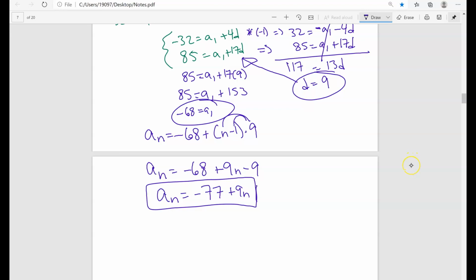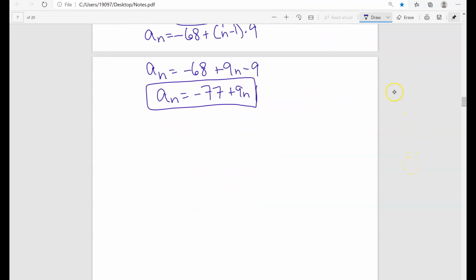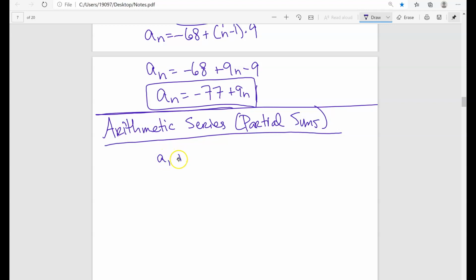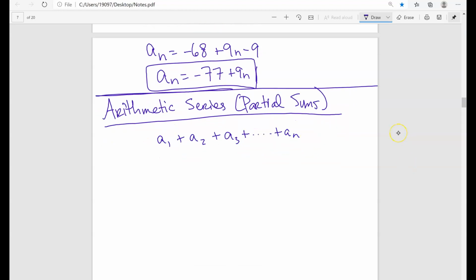Okay, so just how we have sequences, arithmetic sequences, we also have arithmetic sums or arithmetic series. Okay, and here's what we're going to call partial sums. So basically if I have a sum of arithmetic sequences, which is what we call a series, and I wanted to add all of these together, there is a formula that I can add all of these guys up.